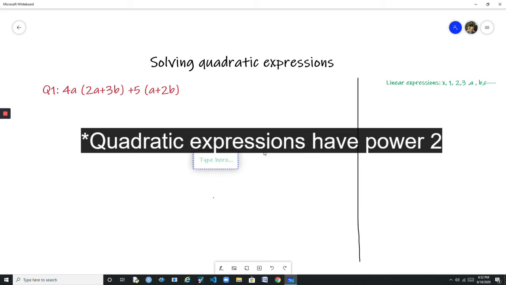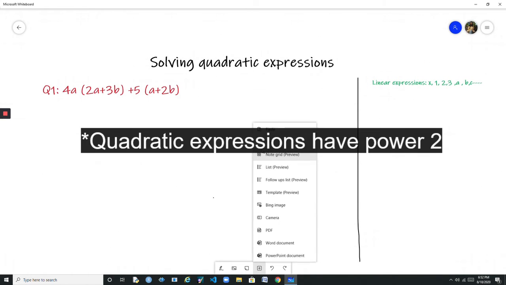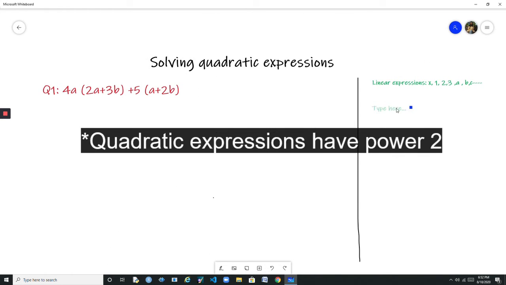So quadratic expressions are the equations which have the power of a value bigger than 1.